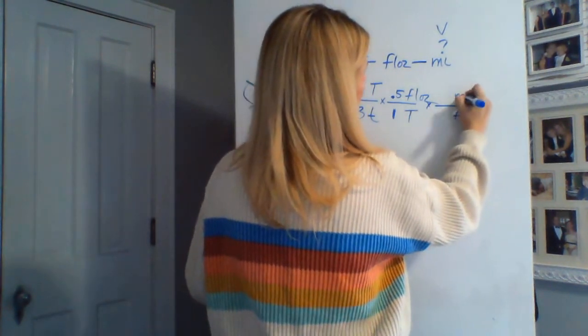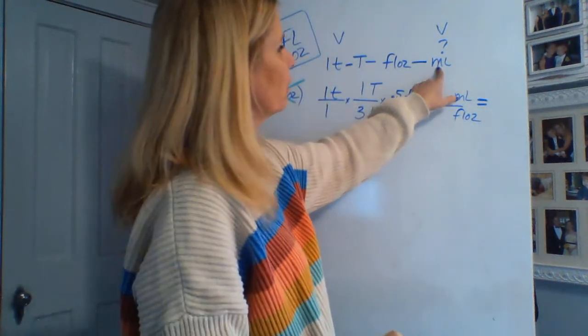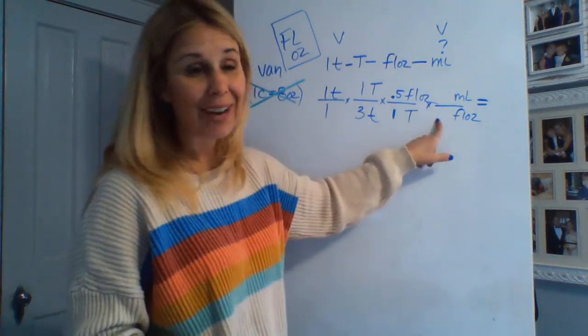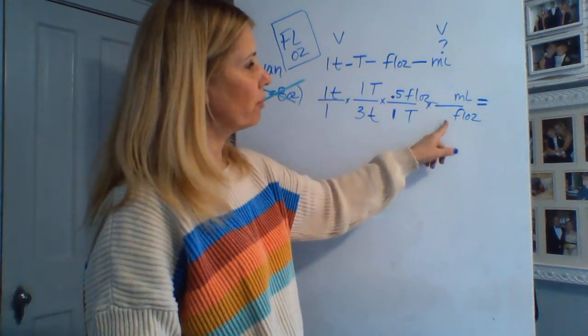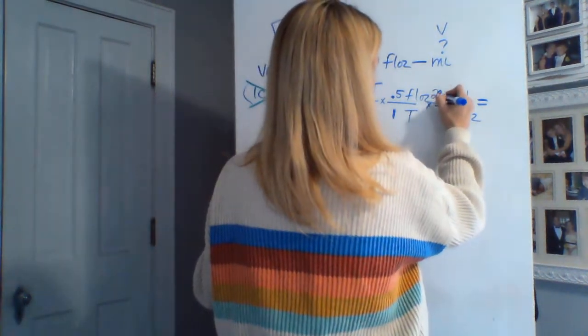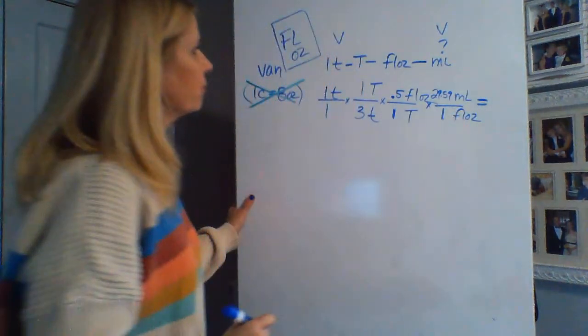Our last step is milliliter, and remember I said to put an equal sign up when you've reached your converting destination. Now it's time to either head back to page 9 to find out how many milliliters are in 1 fluid ounce, or hopefully use your memory, and that is 29.59 milliliters in 1 fluid ounce.